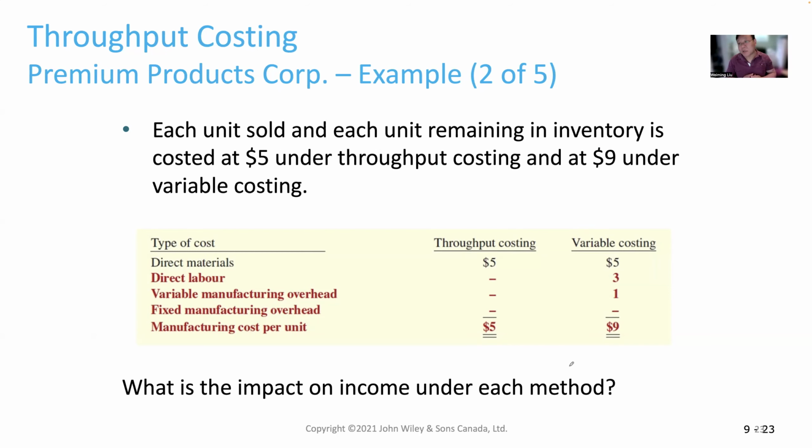Even direct labor and manufacturing overhead are not considered product cost under throughput costing. Using the same example, the product cost under throughput costing is going to be only $5 of direct materials per unit. So that's all I want to talk about from chapter 8.